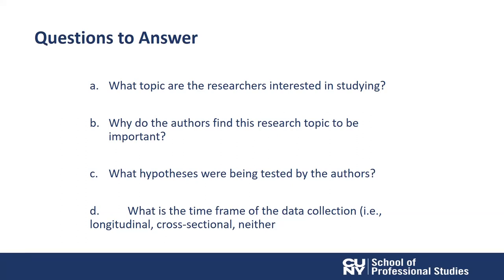So the first question is, what topic are the researchers interested in studying? And so that's going to be very important. Sometimes we limit ourselves to giving a one variable answer when more often than not, it's about the relation between variables.